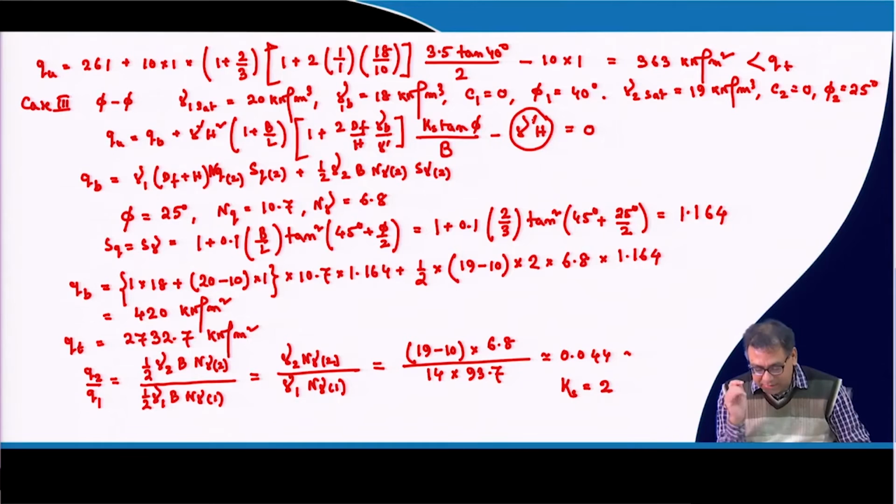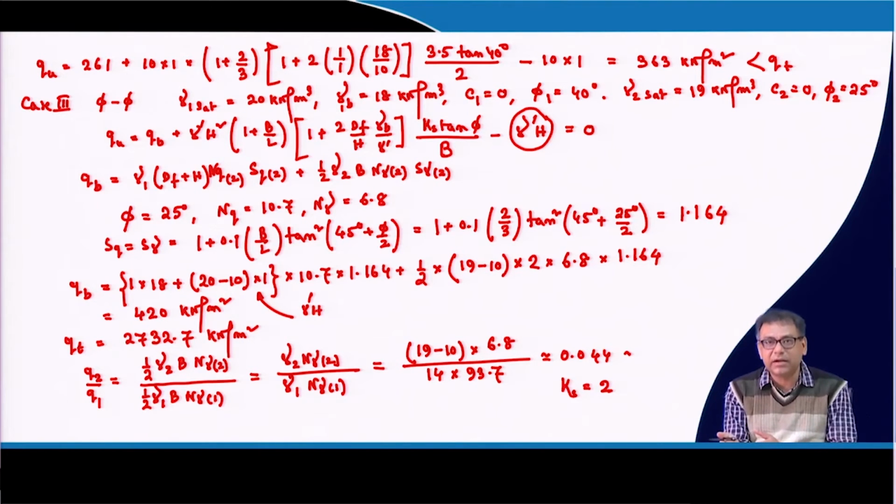As per my understanding, this gamma dash H we are subtracting. Why are we subtracting? Because we have taken the effect of H in the QB calculation. You can see when I calculate QB, I have taken this H, which is equal to 1. This is nothing but gamma dash into H, which I am just subtracting here.